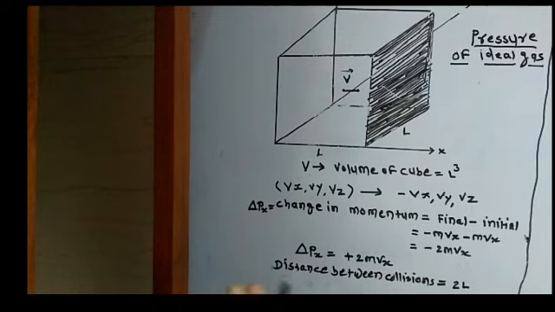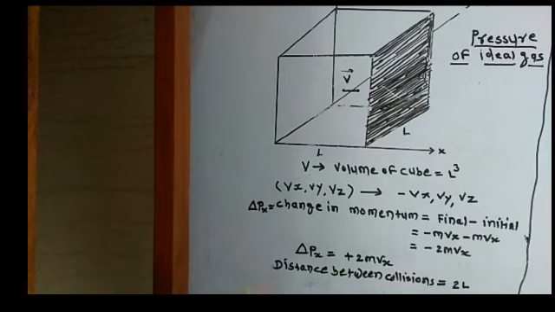So the interaction between the molecules is negligible, because the average distance between molecules is more than the size of the molecules, and we only consider the interaction of the molecule with the wall of the container.